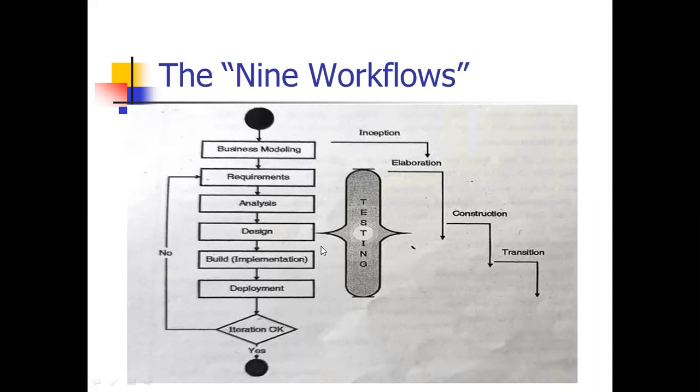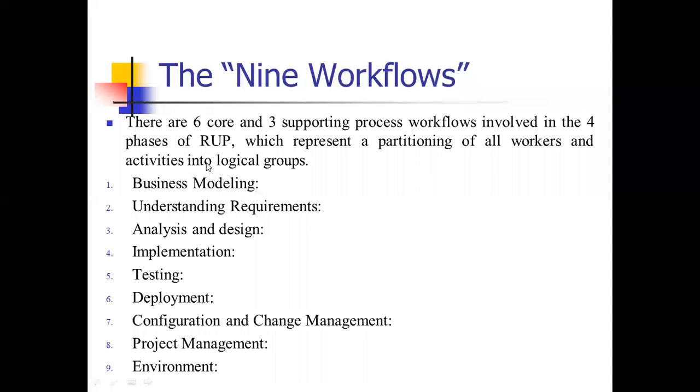Here you can see the 4 phases of RUP and there are 6 core workflows. Here there are 6 core and 3 supporting process workflows involved in the 4 phases, which represents a partitioning of all workers and activities into logical groups.